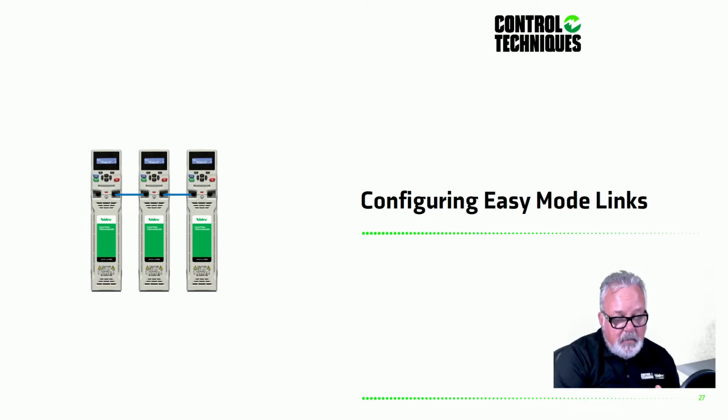Easy mode being, well, the easiest way. And then tomorrow, what I'm going to show is the advanced link editor that's part of Machine Control Studio. It's a graphical tool that's used when you're using MCI 210 modules for your network as opposed to the standard factory fit modules that I'm demonstrating today.